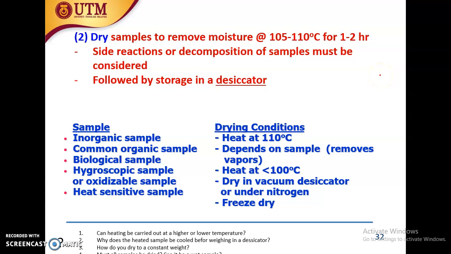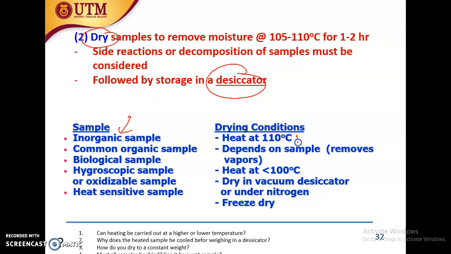So after he blended, you get a very murky solution. For easier storage, you can dry the sample. Drying the sample is as easy as putting it inside a desiccator or oven, but it depends on your analyte. If your analyte is inorganic, it's okay because it can withstand temperature, right?